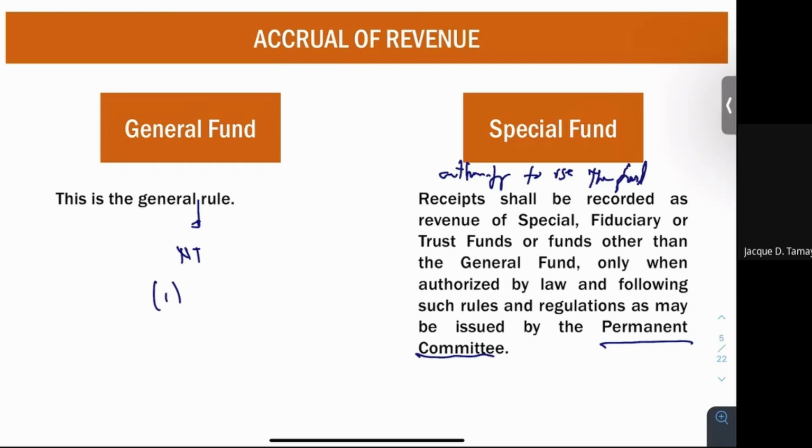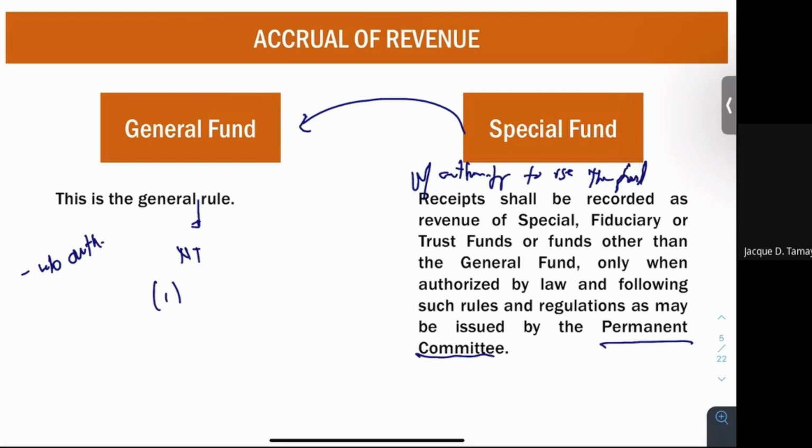However, sir, are there instances wherein the amount of a special fund, or with authority to use, will be transferred to the general fund? You know that the general fund is the national treasury, and this is without authority to use. Right? So, are there chances that this special fund is reverted to the general fund?